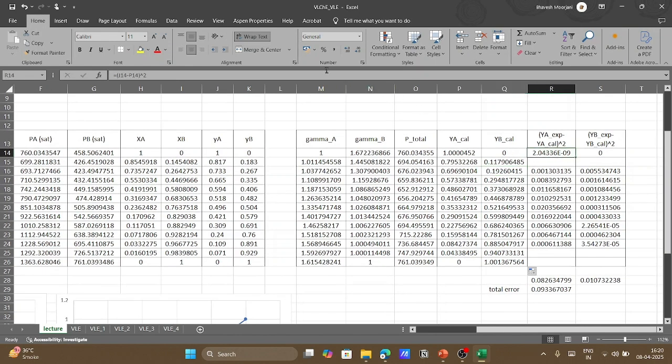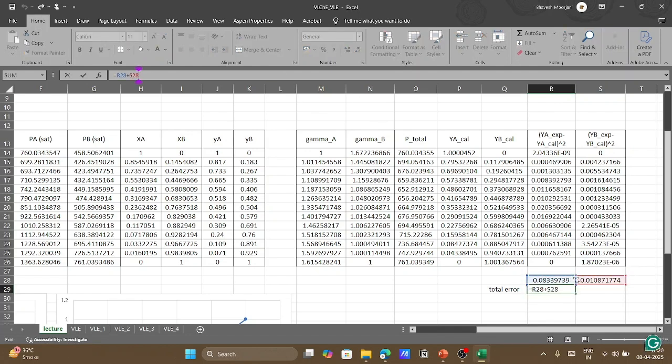Now find the difference of error square between the calculated value and the experimental value, right? So this is the error square, and the corresponding total error, which is the summation of both errors in the mole fraction of A and mole fraction of B.